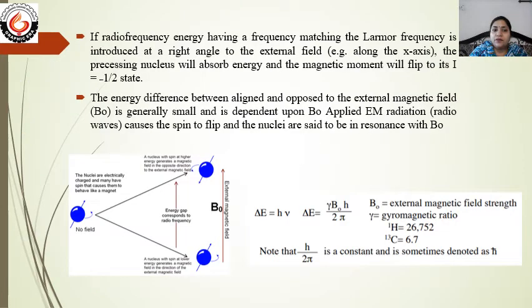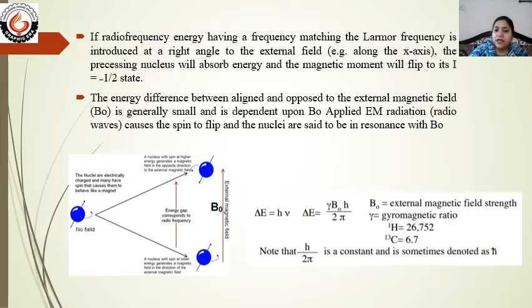Now, if radio frequency energy having a frequency matching the Larmor frequency is introduced at a right angle to the external field. First, we apply the external magnetic field. Due to the external magnetic field, the nucleus either aligns with it or opposes it, and has a precessional motion with the Larmor frequency.